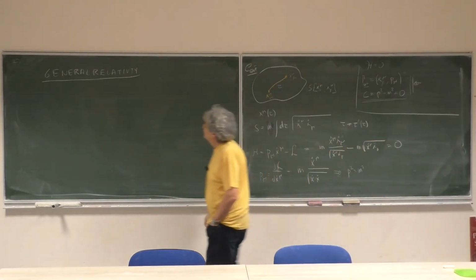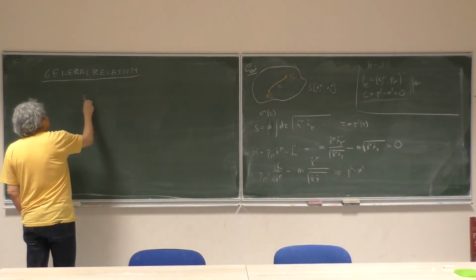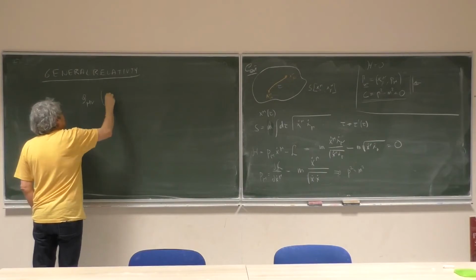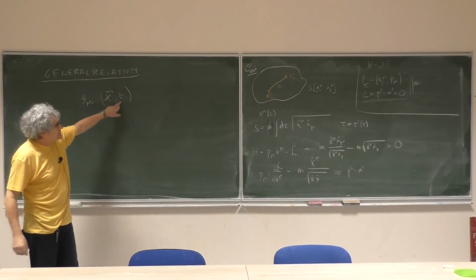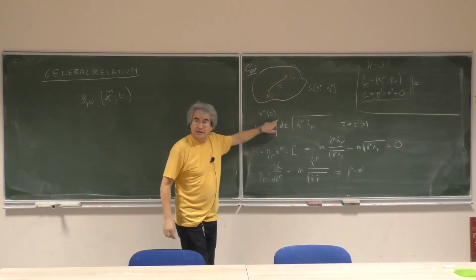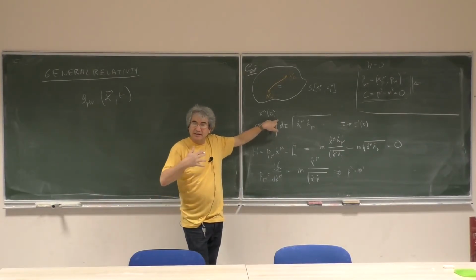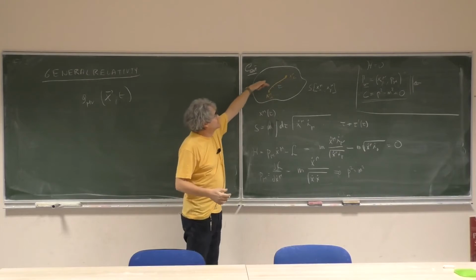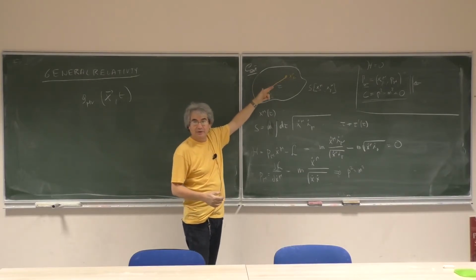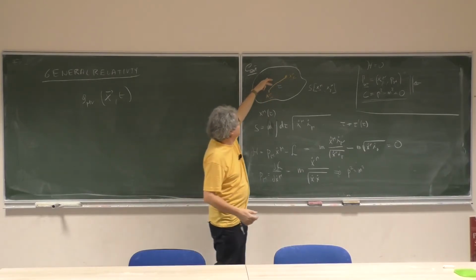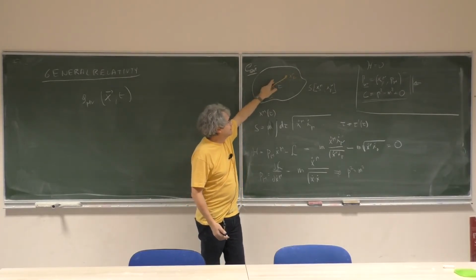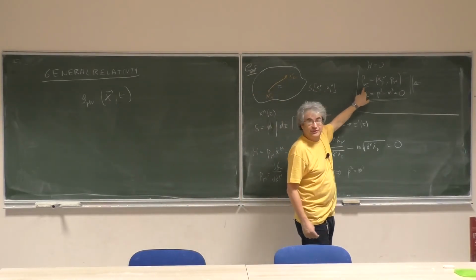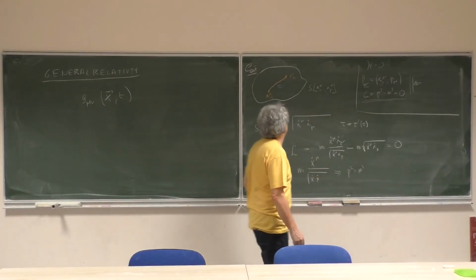In general relativity, the variable is g mu nu of x and t, but this t here is this tau here. So the t here is an arbitrary parameterization along space-time, which is completely arbitrary, has no direct interpretation, and is not one of the variables of the theory at all.